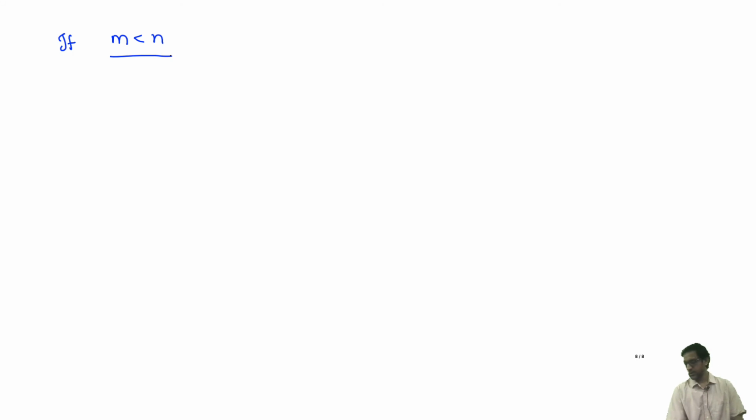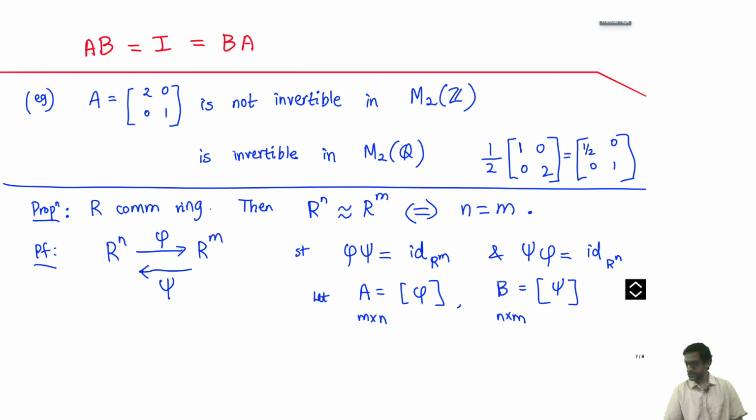Suppose m is smaller than n. Now if m is smaller than n, so what was A? M is the smaller number, so that means that A has fewer rows, more columns. B has more rows and fewer columns.